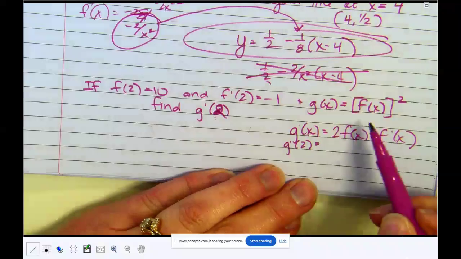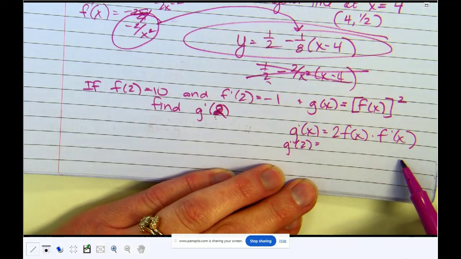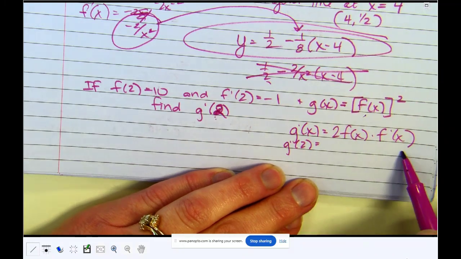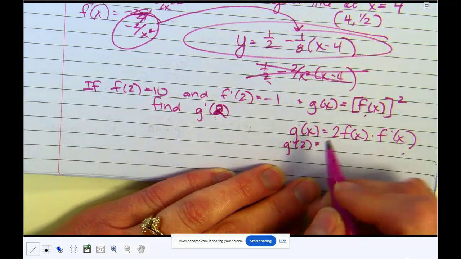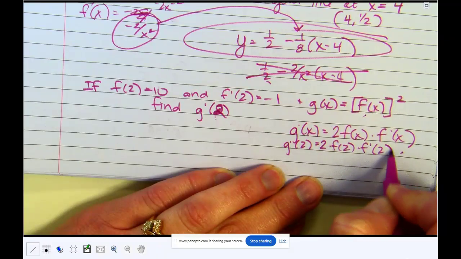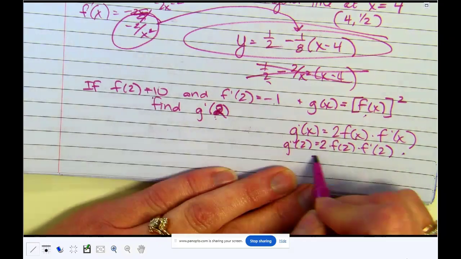Chain rule. The derivative of the outside times the derivative of the inside. The inside is f, so the derivative of that is f prime. So G prime of 2 is 2 times f of 2 times f prime of 2, which is 2 times 10 times -1. So it's -20.